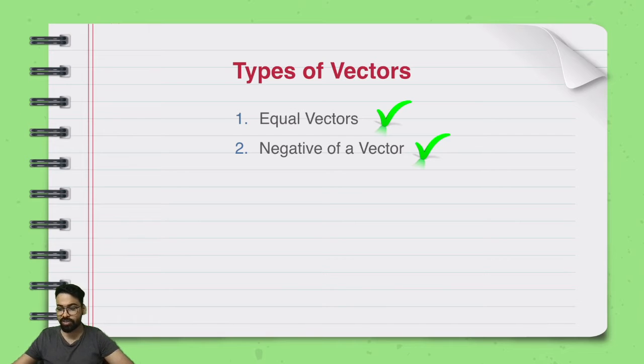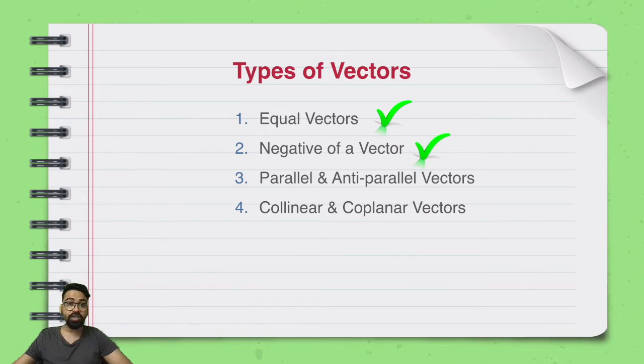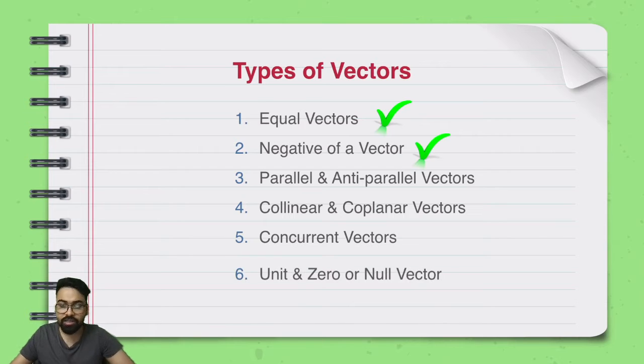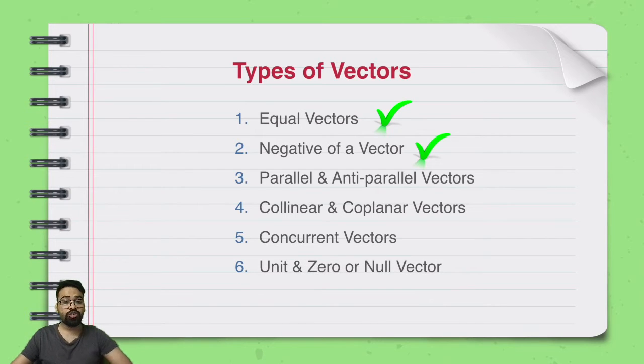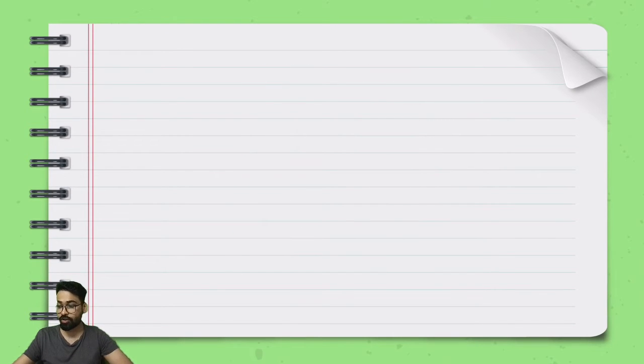The next ones are parallel and anti-parallel vectors, collinear and coplanar vectors. Also we have concurrent vectors with unit and zero vectors being the final ones. So let's hope that you would be able to understand the first two, the classification of which is being done next.